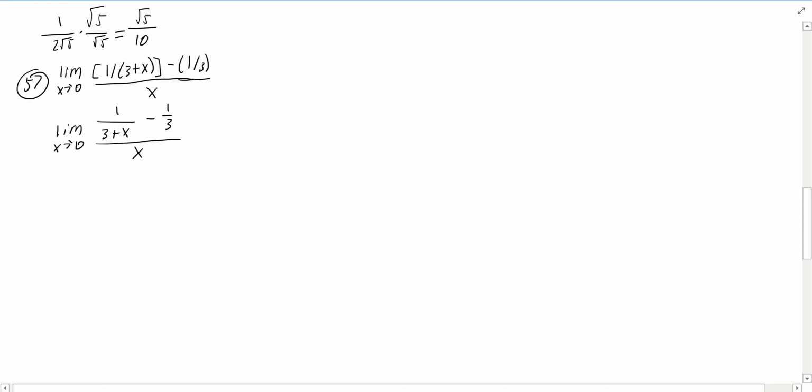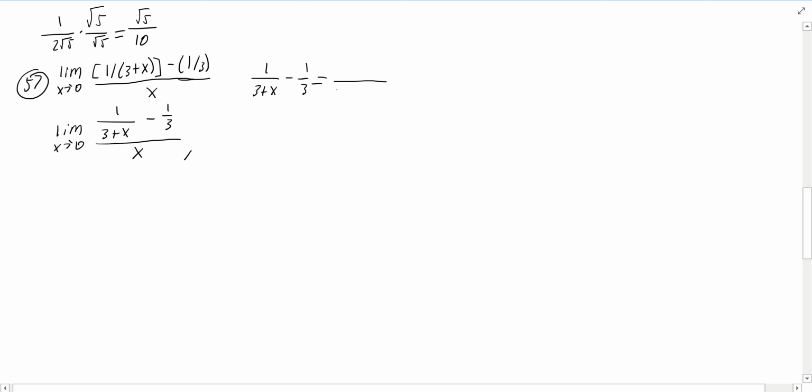Now, this is a complex fraction, unfortunately, which is something we don't like, so we're going to have to simplify this. We'll simplify our numerator first, so we have 1 over 3 plus x minus 1 over 3.